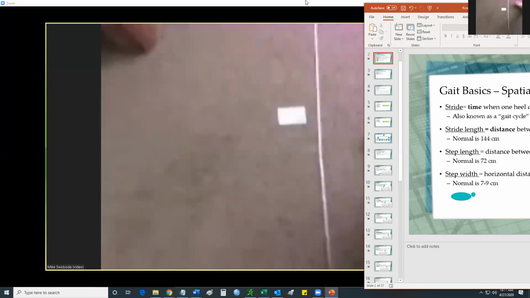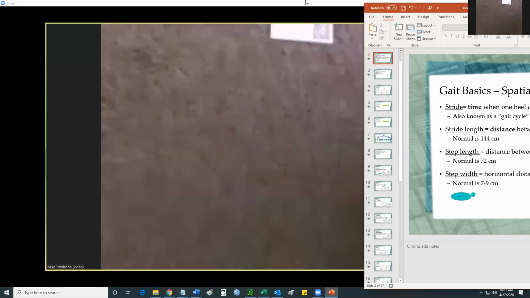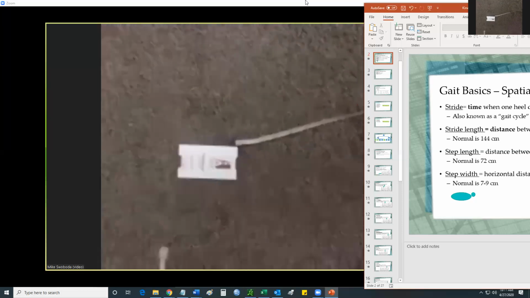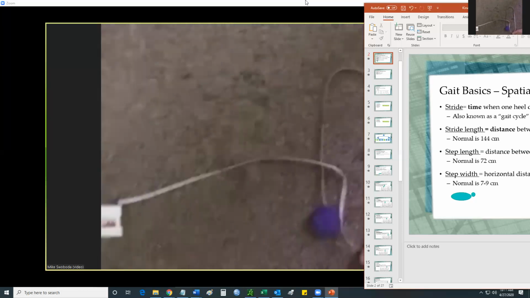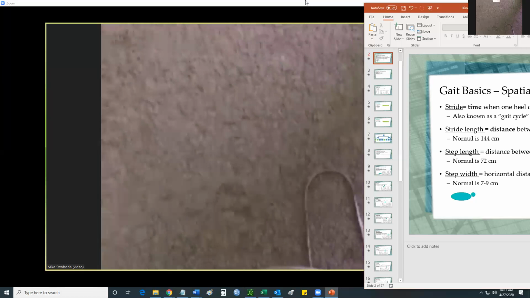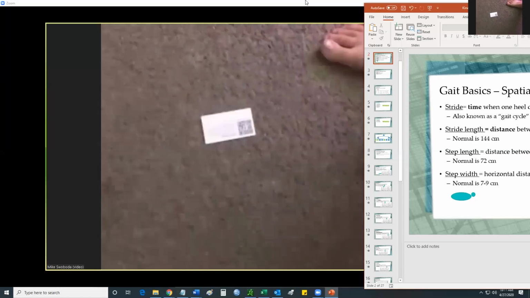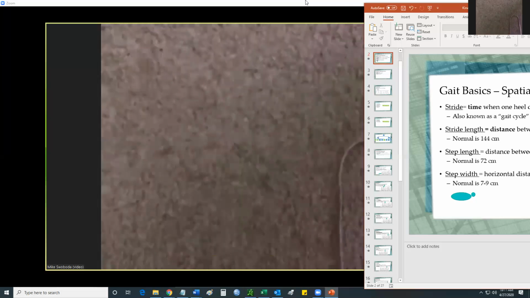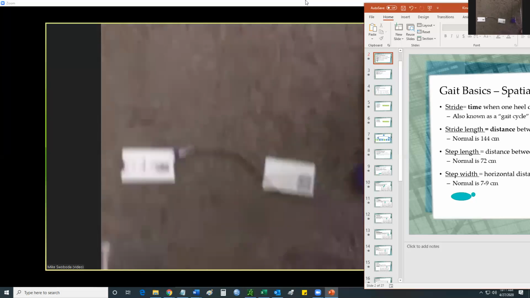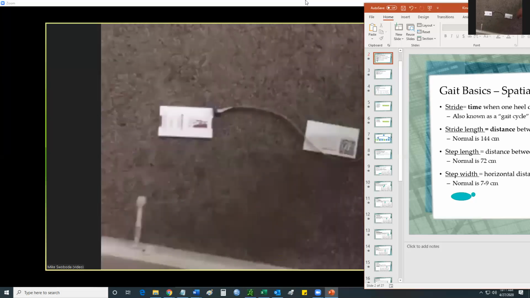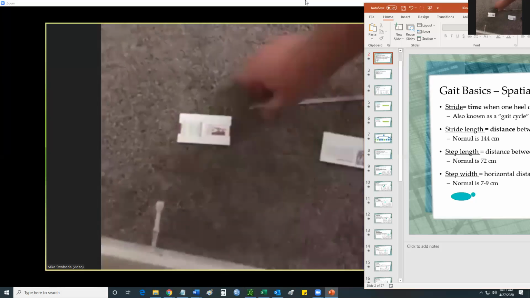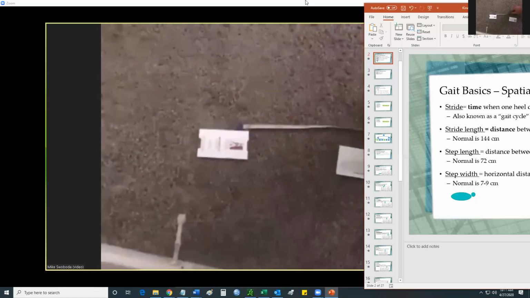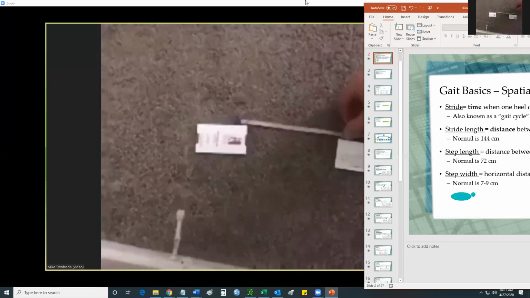My step width, or my stride width, is the distance I have from this side here over to that side there. Now I'm just going to move this back so that it is just about equal for you, so you can just see where that's at. Granted, this isn't going to be the most perfect measurement, but it at least gives you an idea of where I'm at.